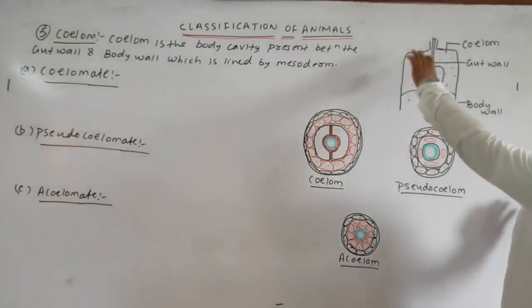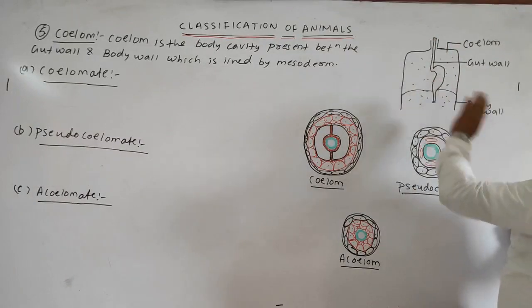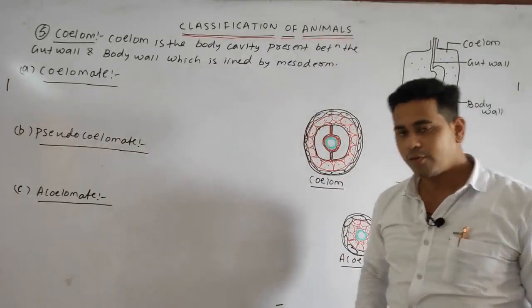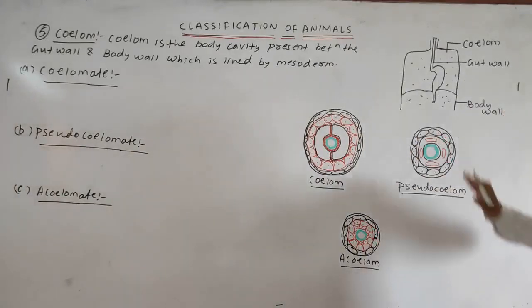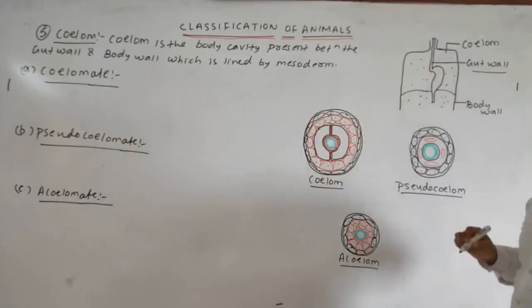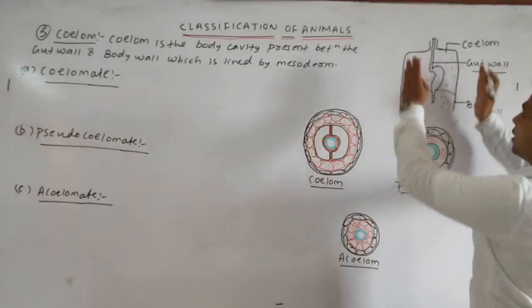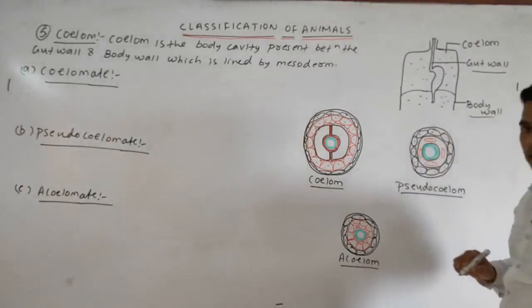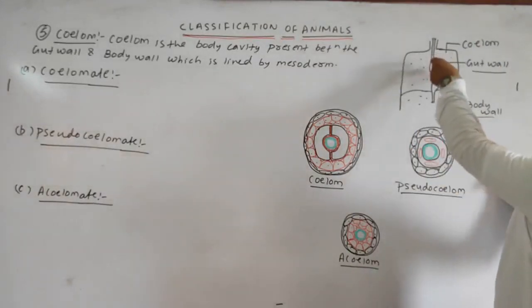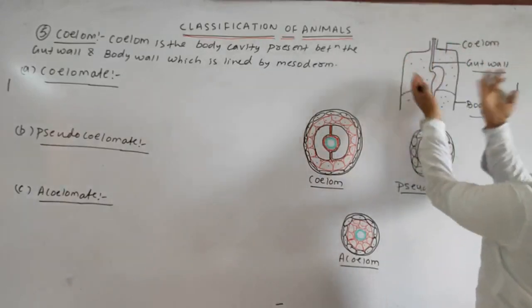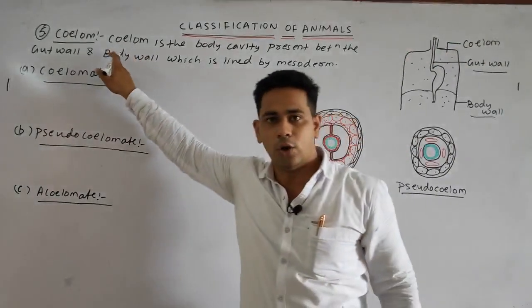So the alimentary canal is also known as the gut. The wall of the gut is simply said to be the gut wall. And this outer covering is known as the body wall. So the space between the gut and the body wall, that space is nothing but the coelom.